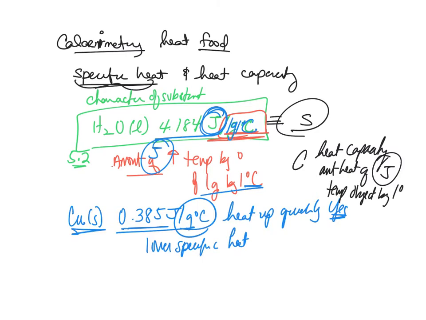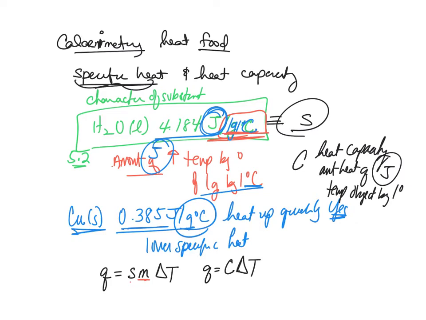So for Q, the heat, you have two formulas: specific heat times the mass times delta T, because this could be different kinds of masses, right? And so you have the mass in there. Or it could be Q equals C delta T.